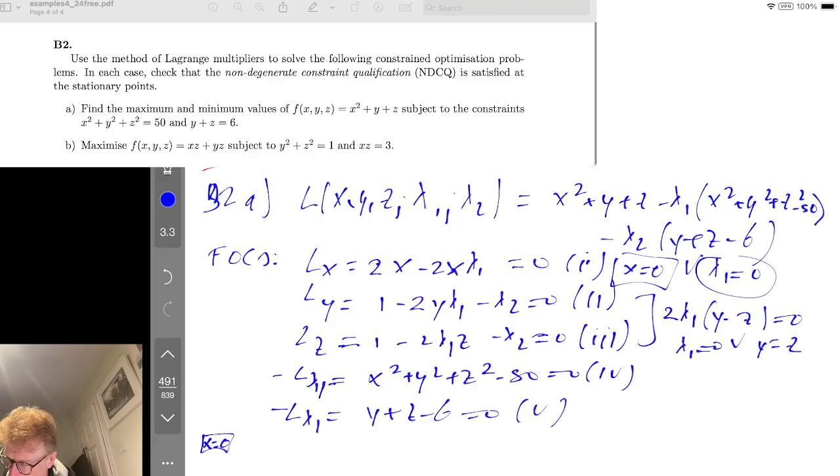It was probably not wise to first do that. So, well, let's do lambda 1 is 0 first.